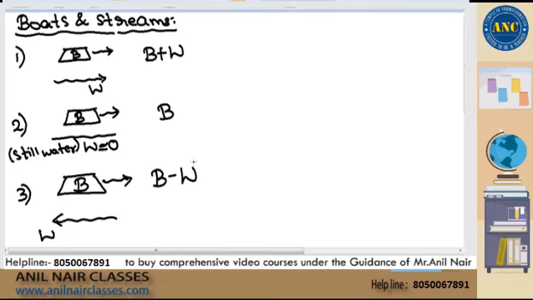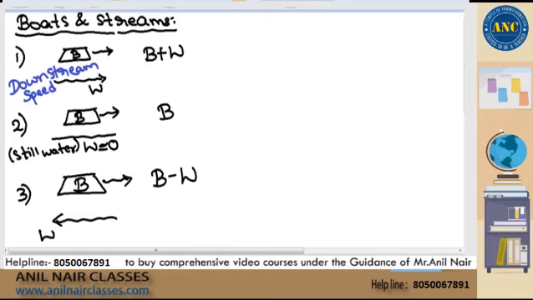Now listen to this carefully, sir. I'll draft a question using this concept. I am just explaining the terminologies before I draft a question. If the boat and water are moving in the same direction, such kind of speed is called downstream speed.